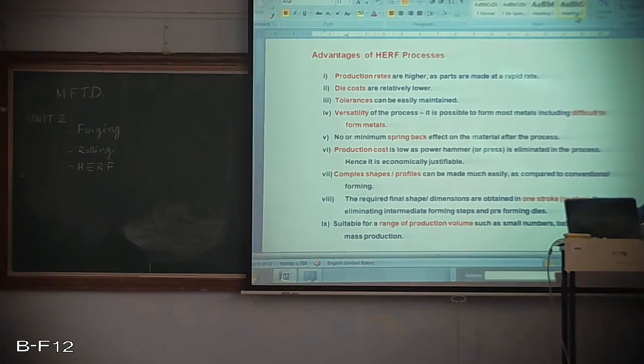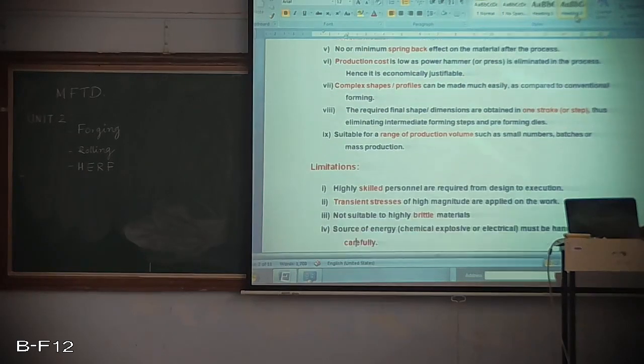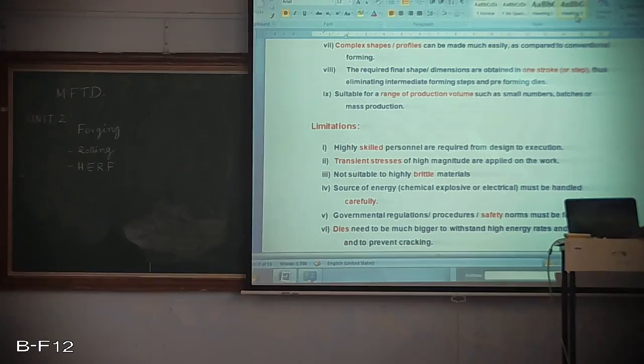So for all the three philosophies of production, job type, batch type, and mass production, HERF processes can be easily applied. So these are the advantages. At the same time, it comes with certain limitations. All these advantages and limitations are applicable for all the three types of HERF processes which we would be covering.